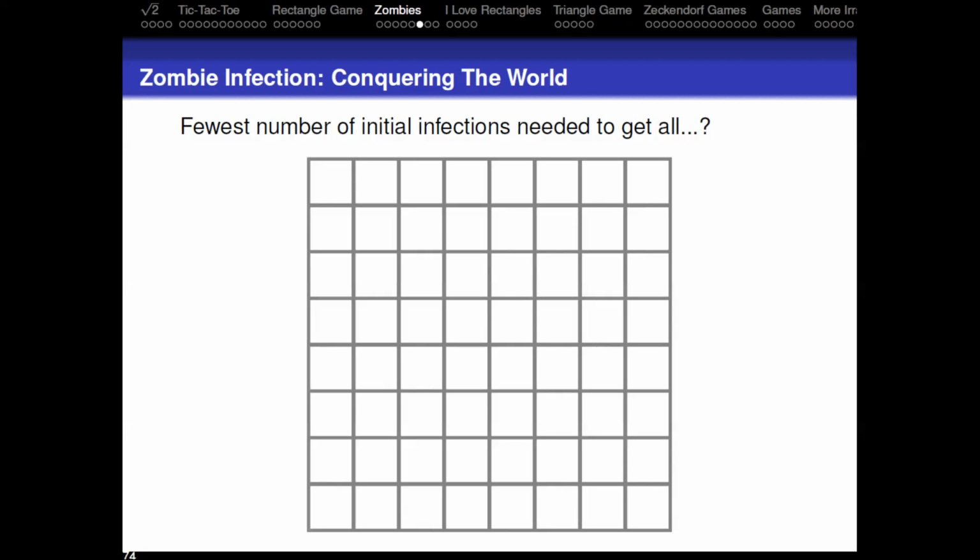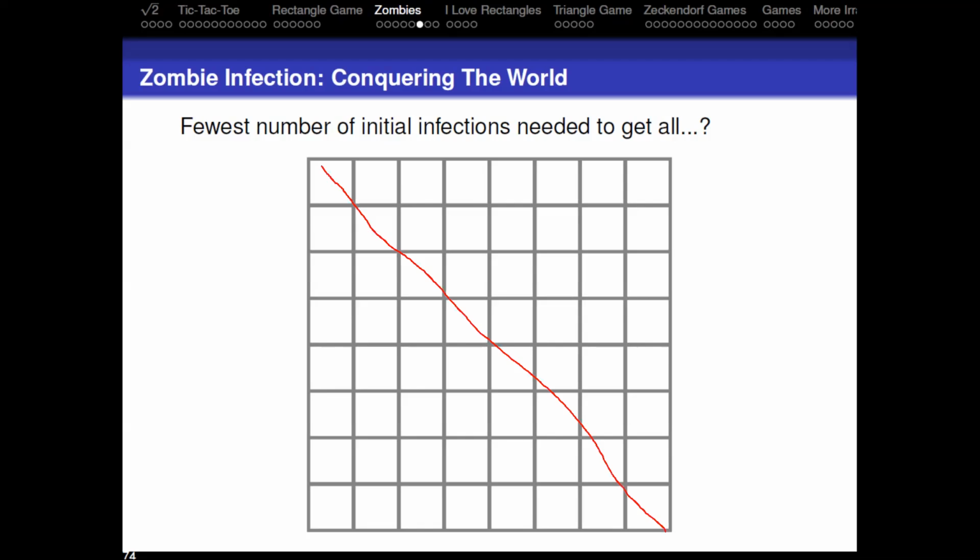What's a good configuration to do the infection? What are your thoughts? So you've got to give me something. What were you doing before?